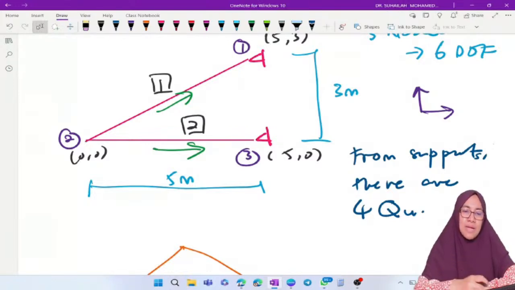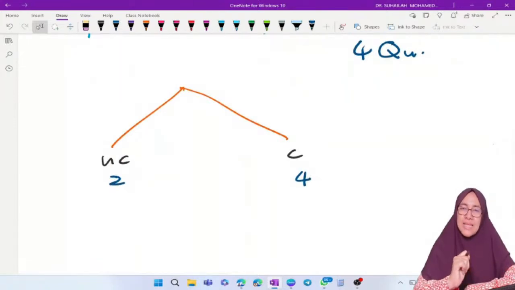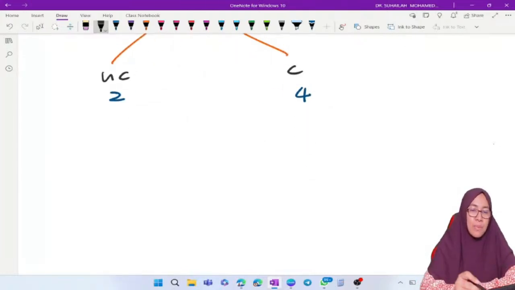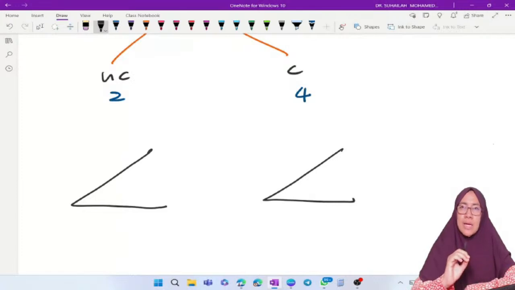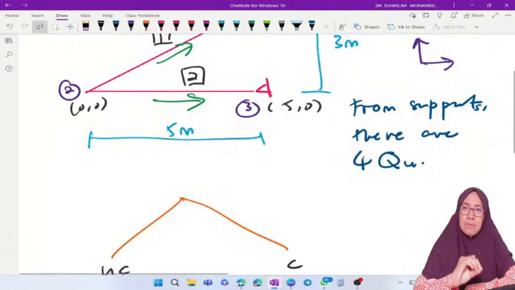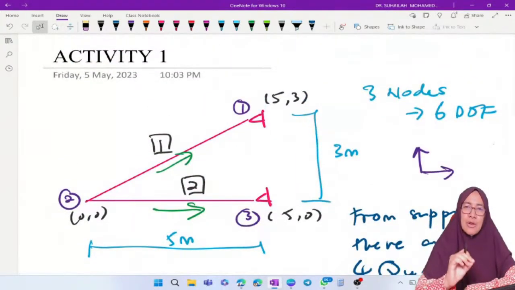Once we identify that there are 4 unknown reactions, this is equivalent to 4 degrees of freedom in the constraint system. So we sketch like this, and we put 4 DOF at the pin positions, at node number 1 and at node number 3.